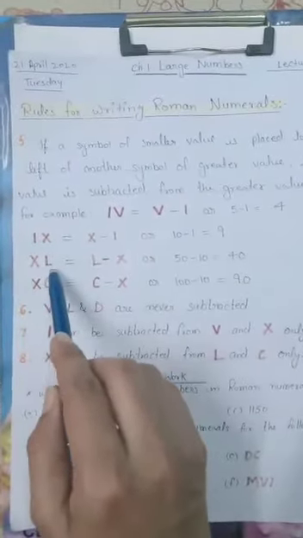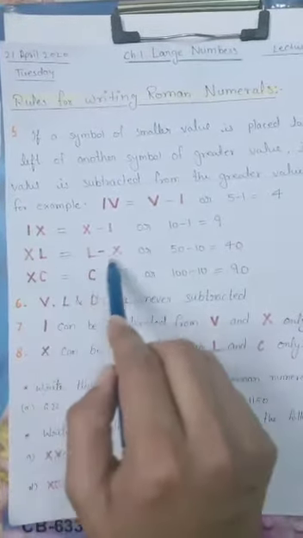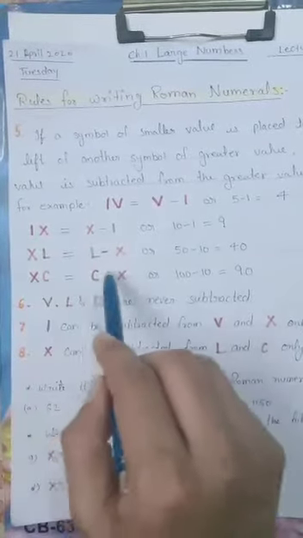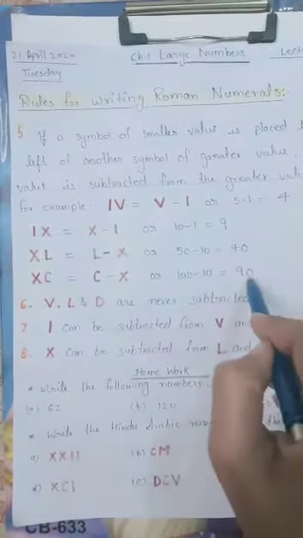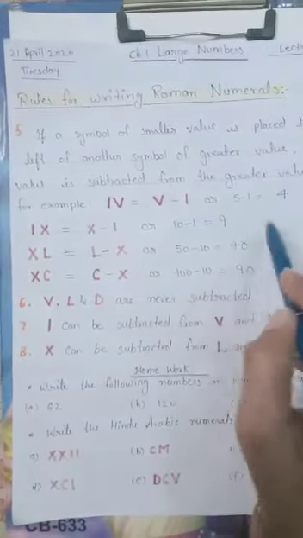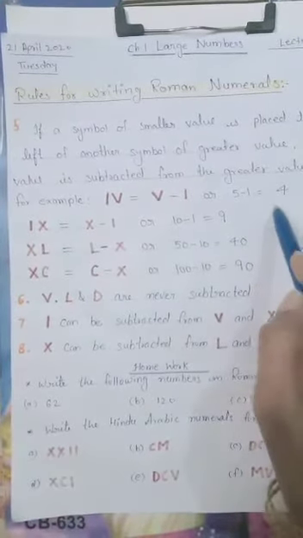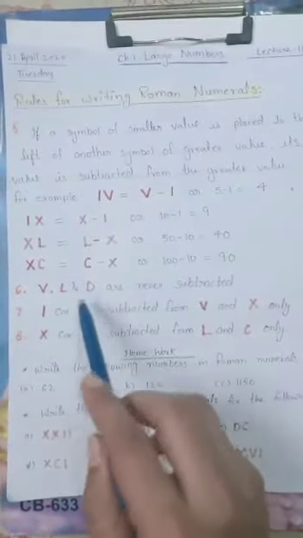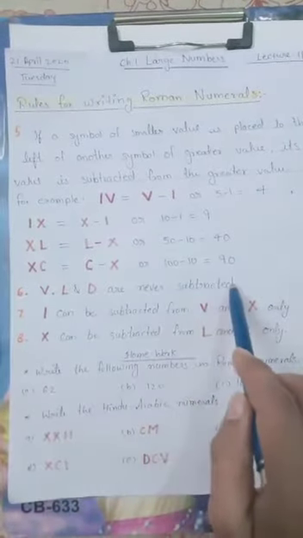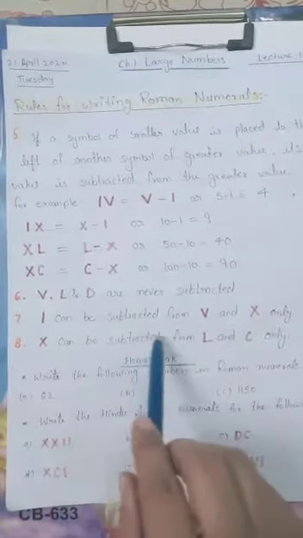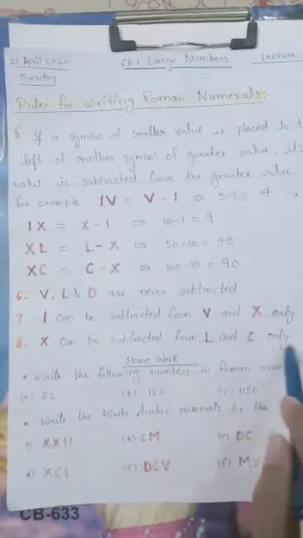Like this, from L we subtract X, and we get 40. C with X on the left side, so C minus X, and we get 90. If we write M and here X, it will be wrong. Or if we write D and here X, it will also be wrong. So what are the three main rules? V, L and D are never subtracted. I can be subtracted from V and X only, and X can be subtracted from L and C only.